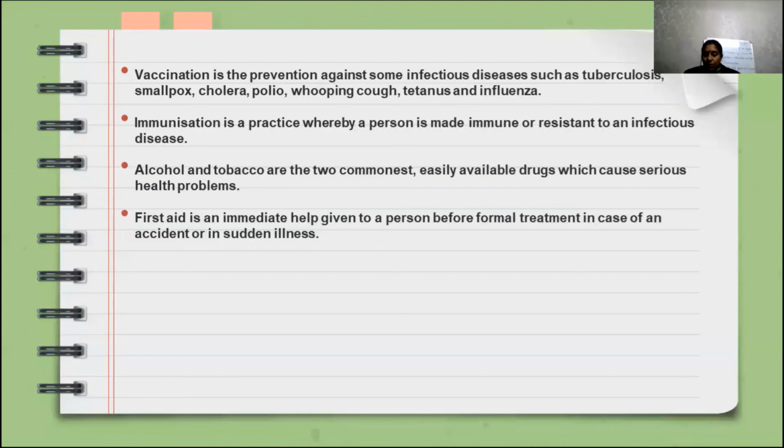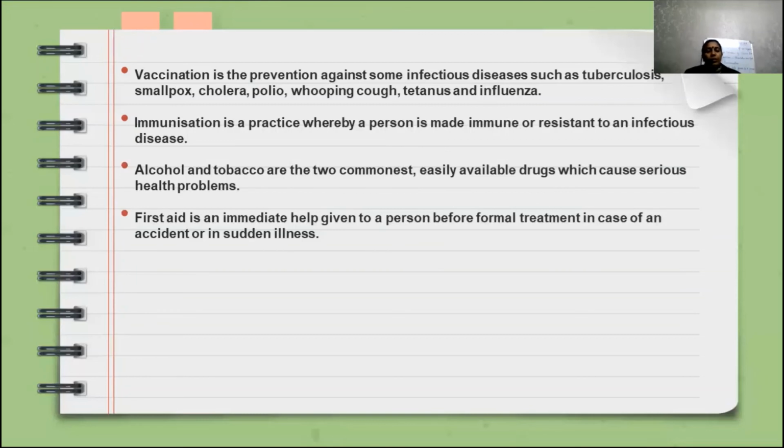Then the last one mentioned here, foreign bodies in the eye. We know that sometimes foreign bodies get into our eye. So we need to remove them lightly, touching with a small piece of cotton. Then we need to wrap the cotton, and we can easily remove the foreign body from the eye.